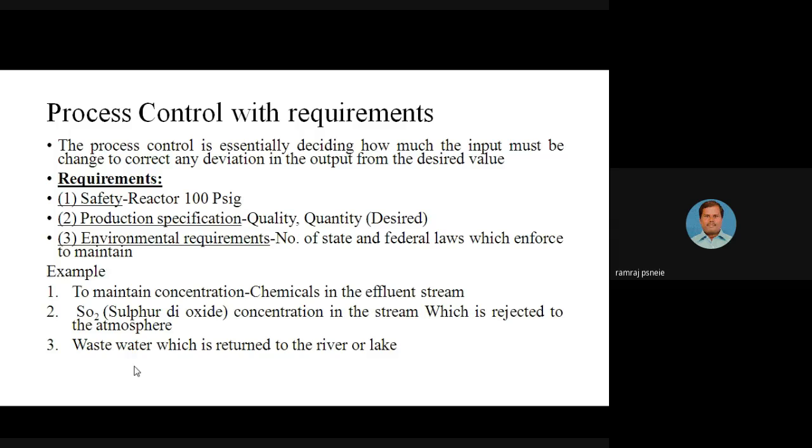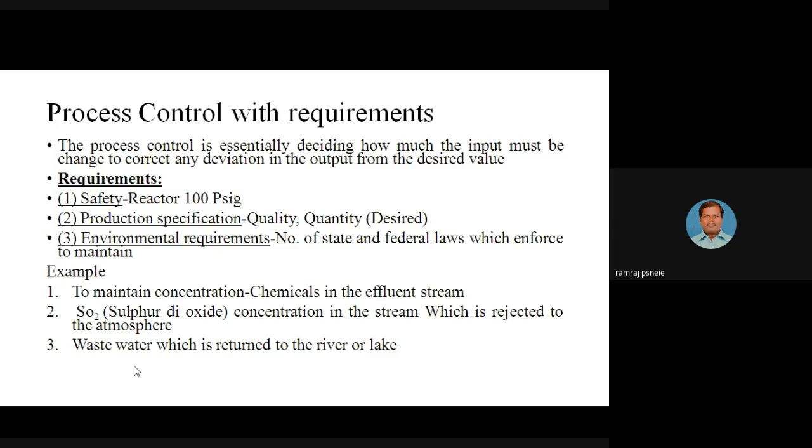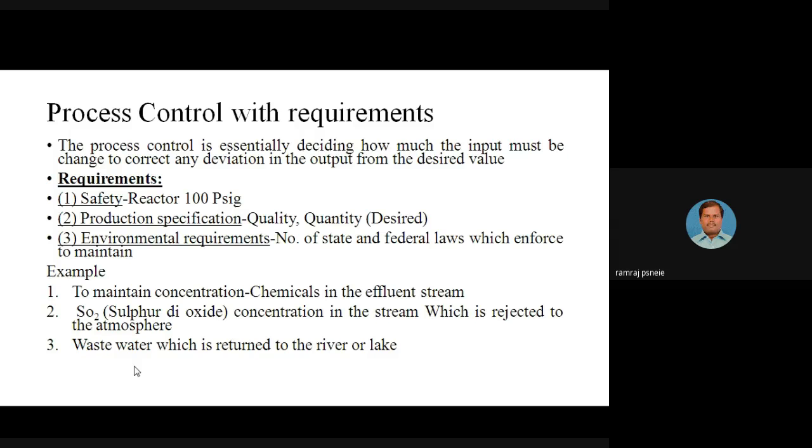From the industry, we are releasing sulfur dioxide to the atmosphere, but it must be at a particular value. That is instructed by the state and federal laws. According to that only we should run the plant. For that purpose also, we are introducing external intervention or control system in the chemical plant industries.